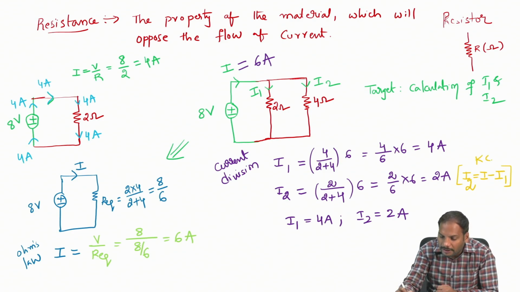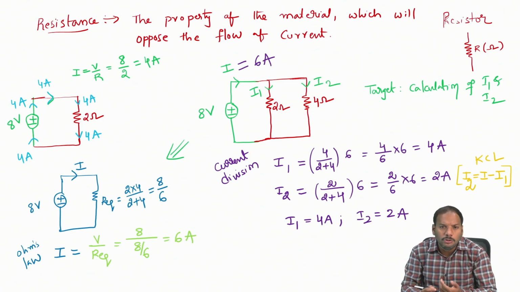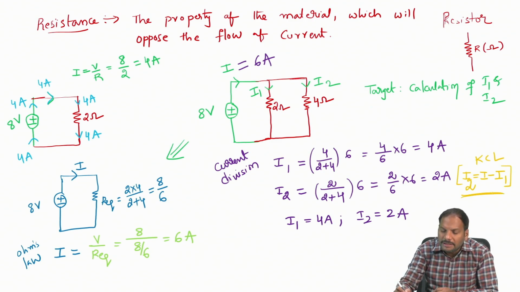This is called KCL. In electrical circuits, there are a lot of methods. It's up to you which method you use. Simply by using KCL also, you can calculate the value of I2. I just want to enlighten you with a different method for the calculation of I2. So finally I got I1 equal to 4 amperes and I2 equal to 2 amperes.